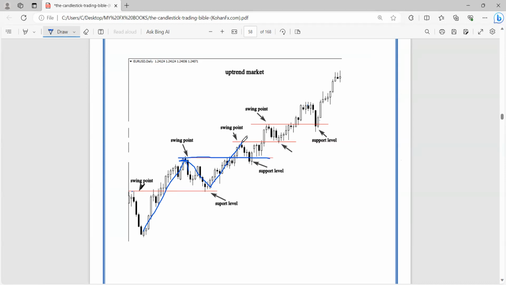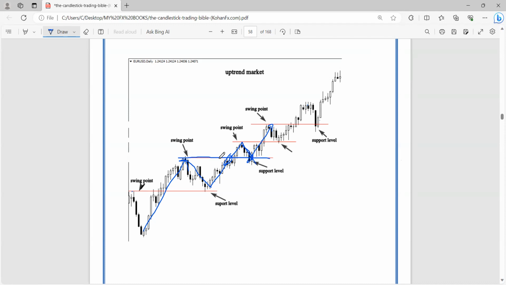So once it breaks it, it almost always goes back to that level. That is this level I'm referring to. It just goes back, retests it, and goes back up again. So there was a break at this level. Then the market went back to retest this level.